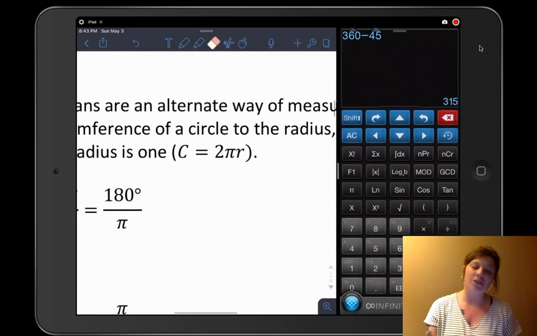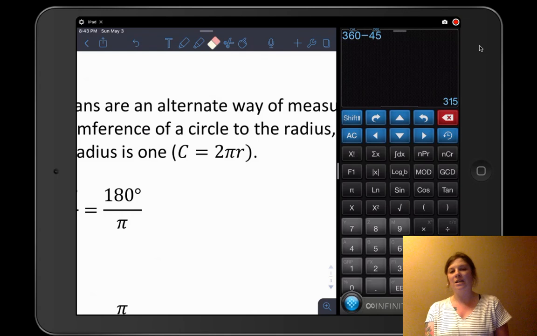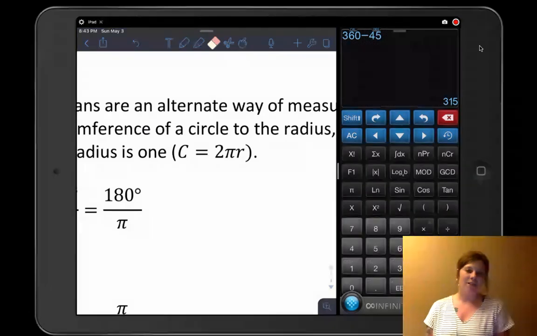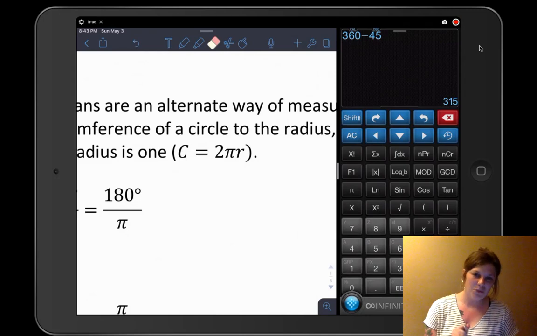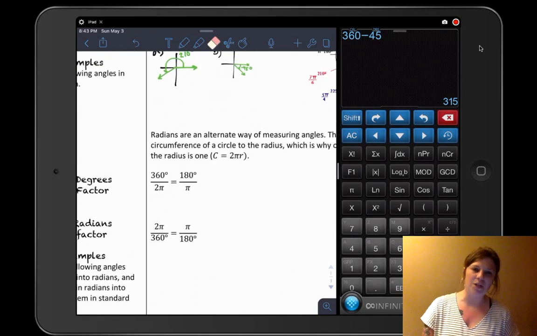If we're looking at the circumference formula, if our radius is 1, then 2 pi times 1 is 2 pi. So that's why a whole circle, if the radius is 1, is 2 pi. So don't worry about that too much. Just know that 2 pi is a whole circle, starting at 0 to 2 pi, 0 to 360, same idea.